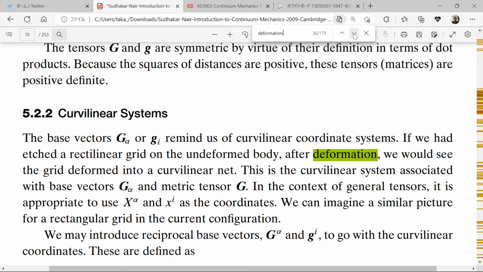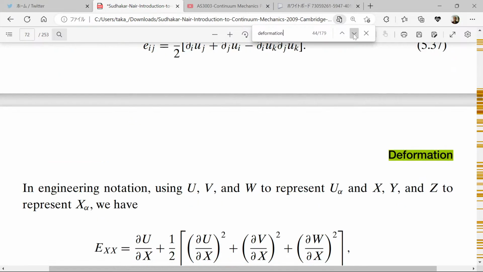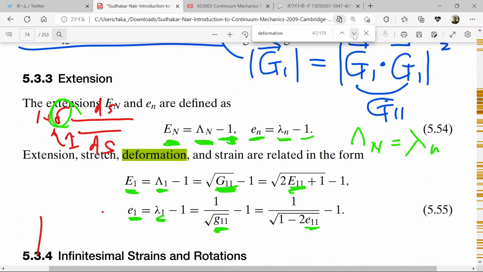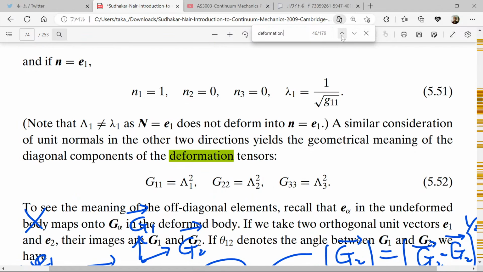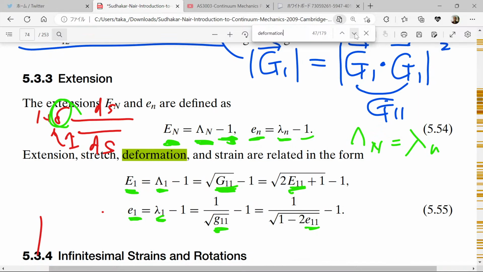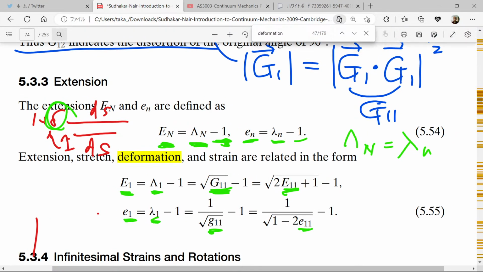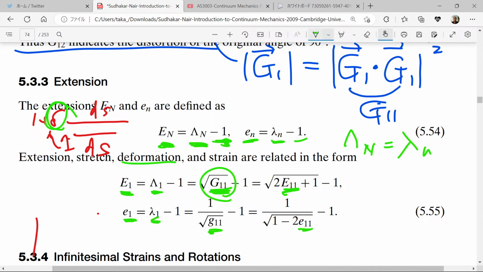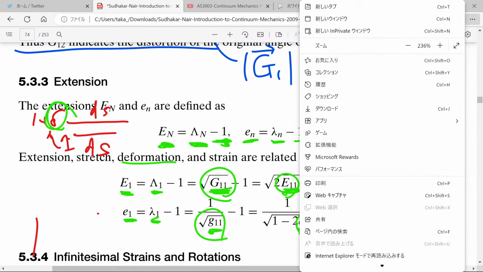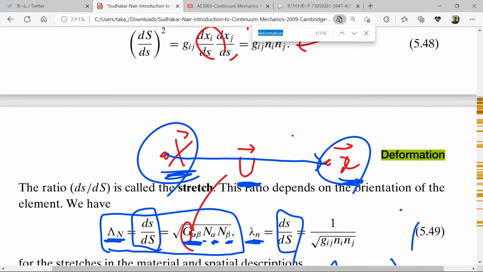Okay, deformation tensor. Let me see. Okay, this is deformation tensor. Strain. This is deformation tensor. Yeah. So G is a deformation tensor. E is strain.